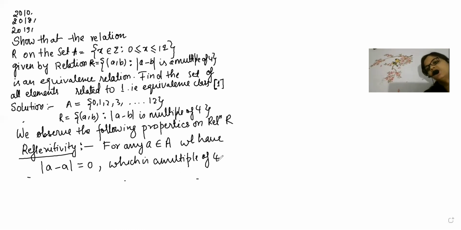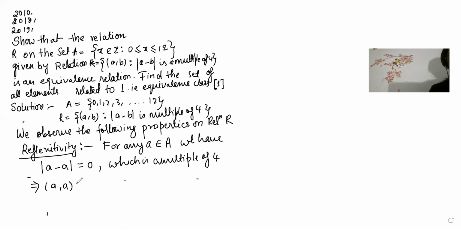Why will it be a multiple of 4? Because 0 multiplied by any number will come 0. So definitely 0 will be a multiple of all the numbers. If 0 can be a multiple of all the numbers, then ultimately 0 can be a multiple of 4 also. That means it is satisfying reflexivity.